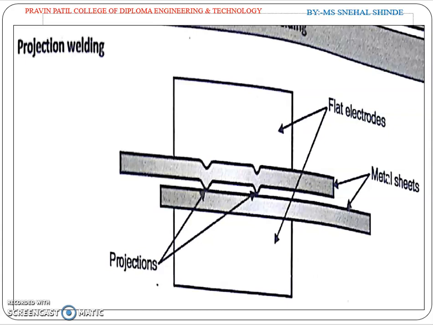When current is passed through the electrodes, the current density and the pressure required are less. Hence, electrode life is more. The welding automatically takes place only at the projections.